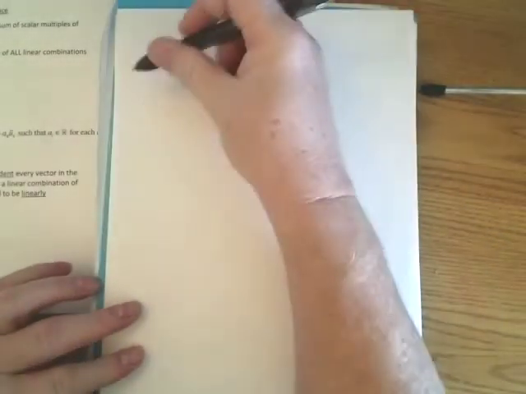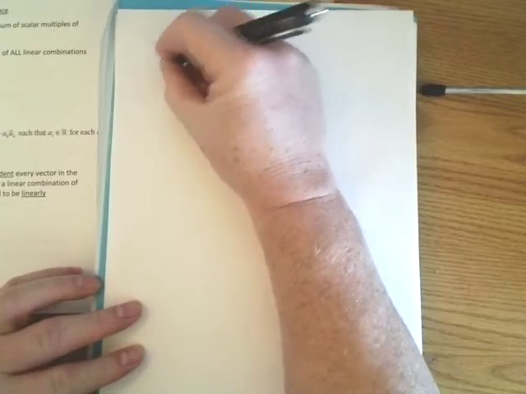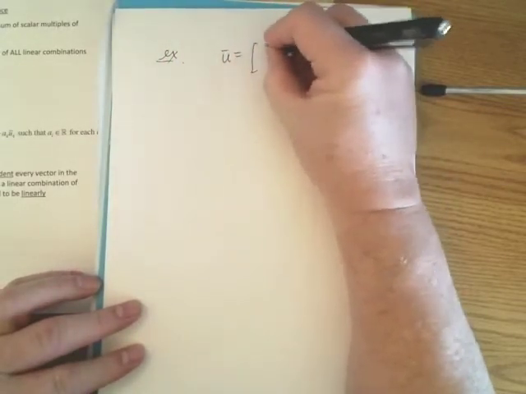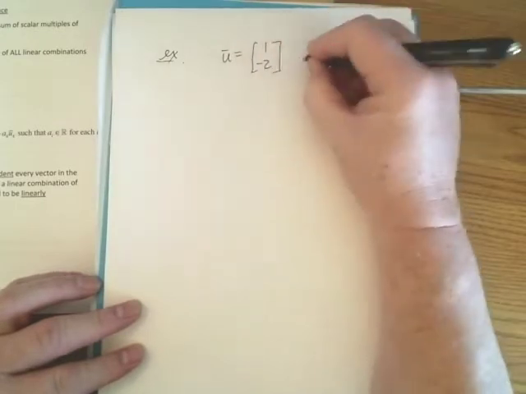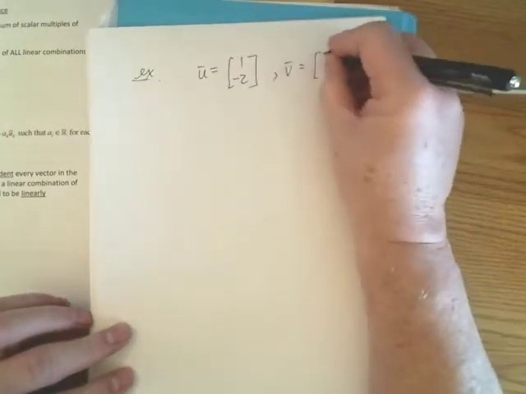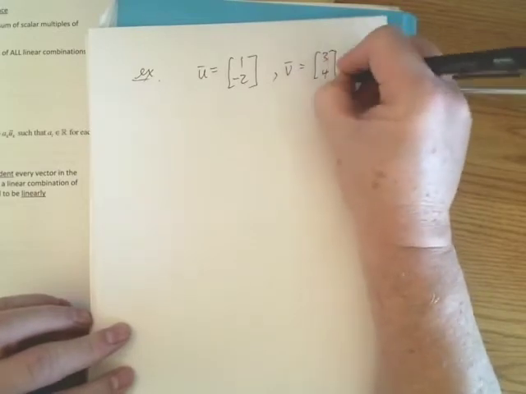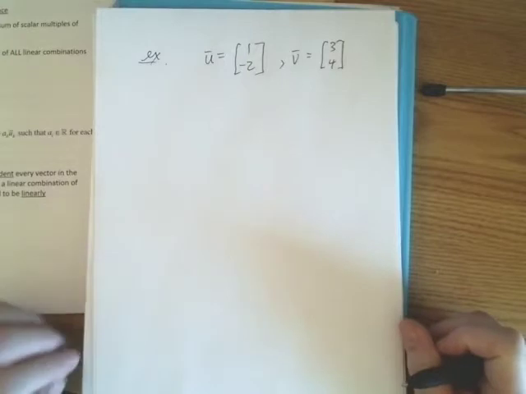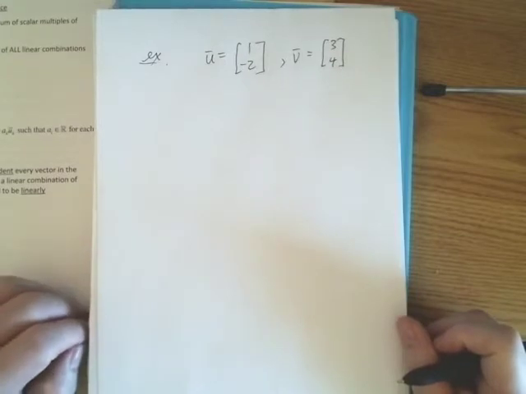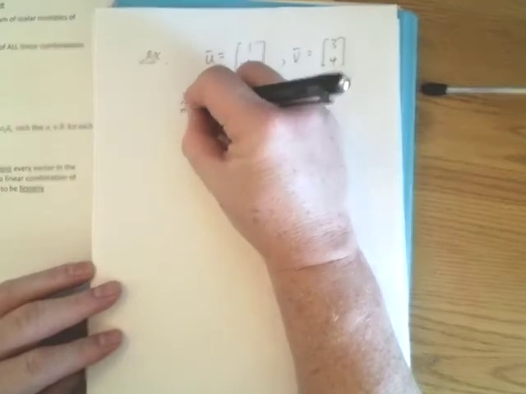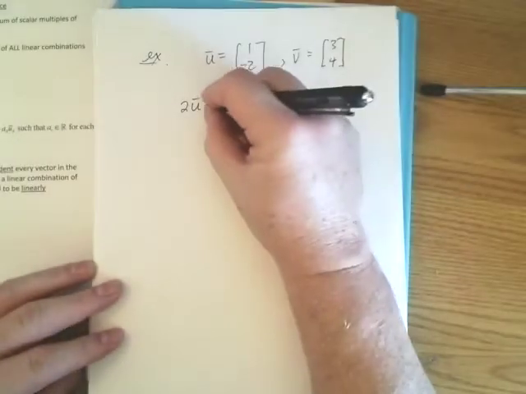For an example of a linear combination, suppose I had u equal to (1, -2) and v being (3, 4). I'll write my vectors as column vectors. Can you give me a linear combination of those two? Well, there are infinitely many ways to do it. I could do 2u plus v.